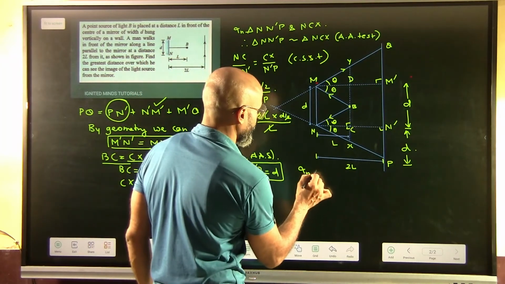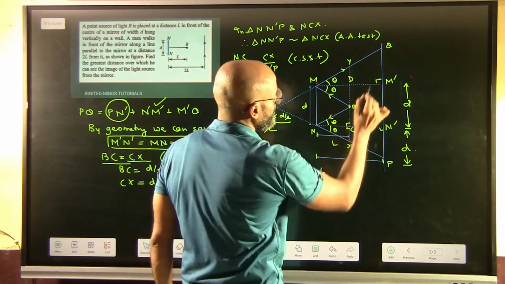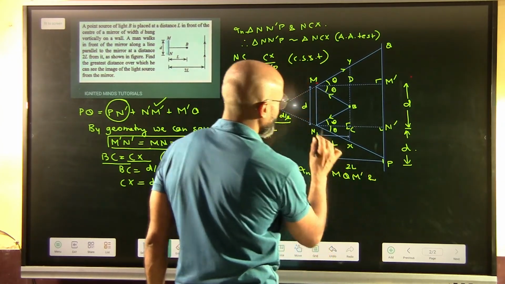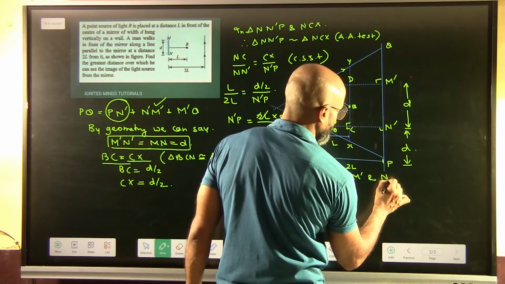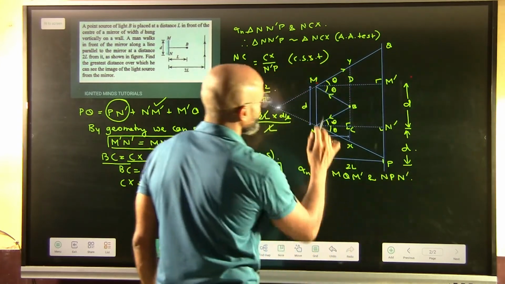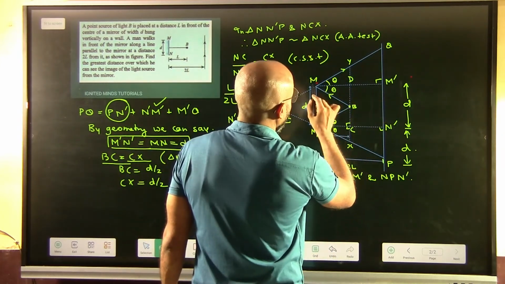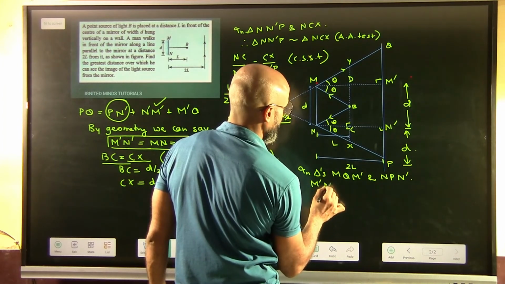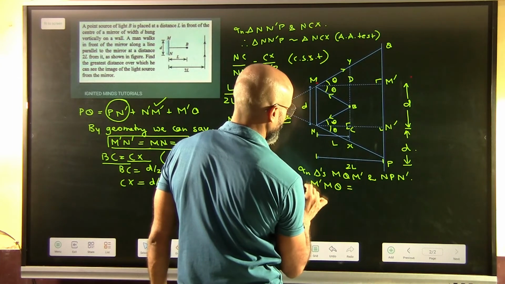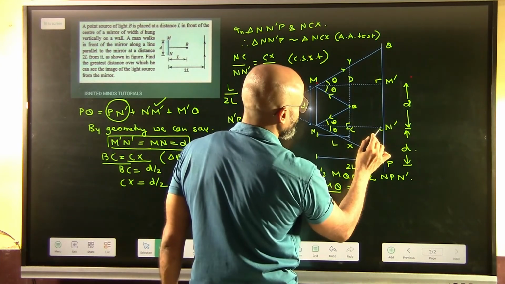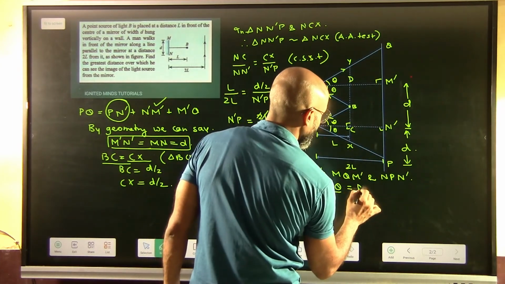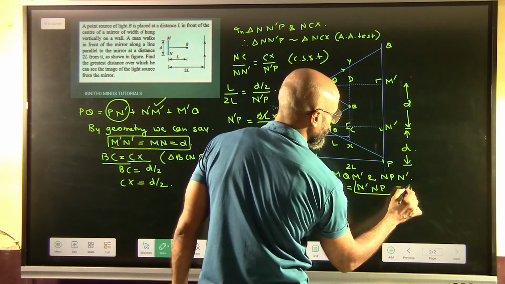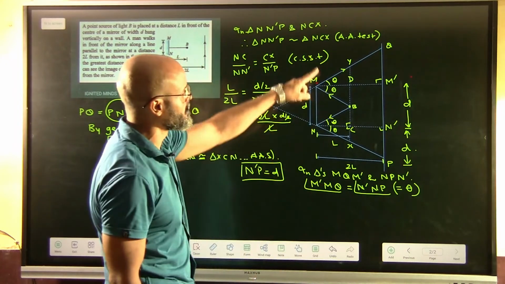So if we see in triangles MQM dash and NPN dash, angle M dash MQ is equal to angle N dash NP, both are equal to theta.